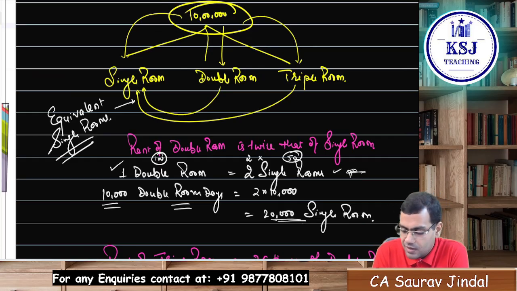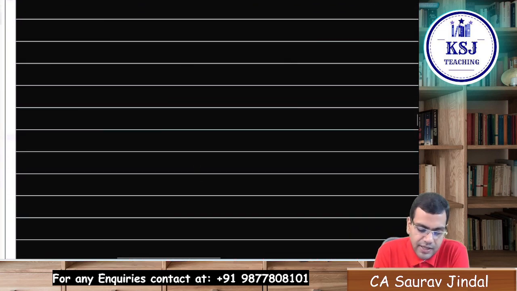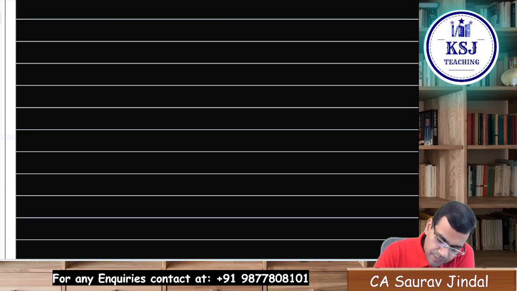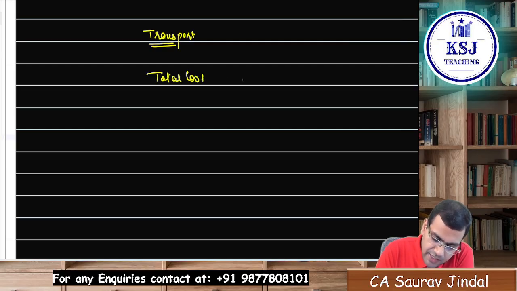Now another important point that you will face in the question, sir. What is that important point? Let's say it is a transport company. We have identified that the total cost incurred is, let's say, 1,20,000.